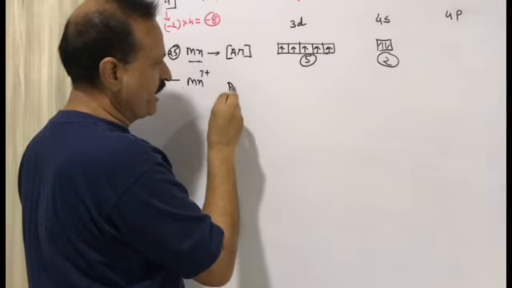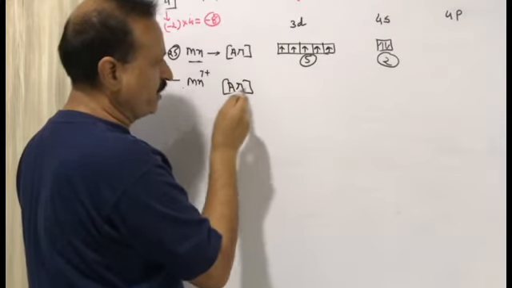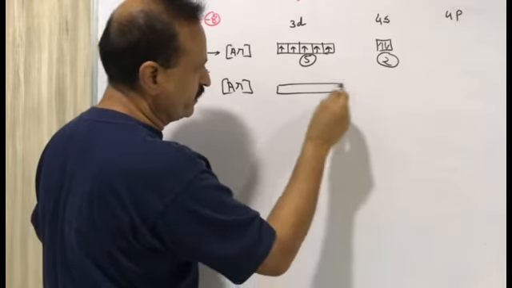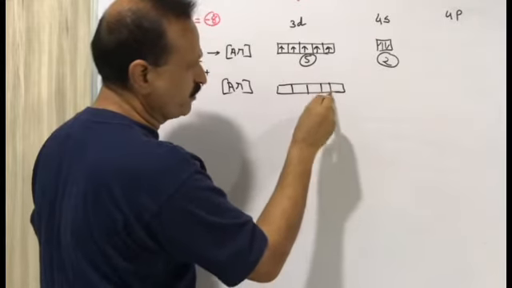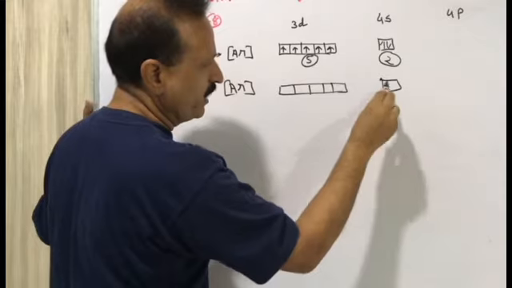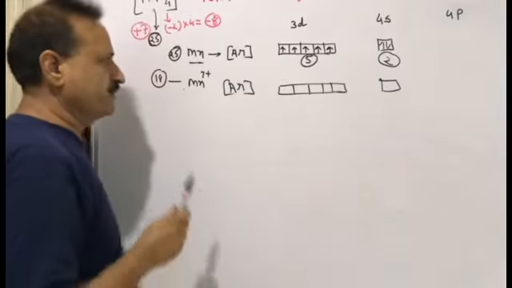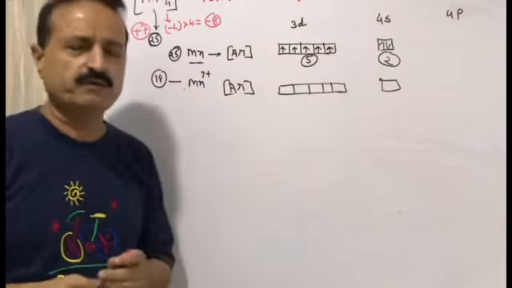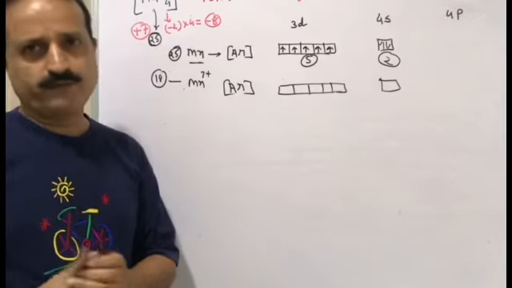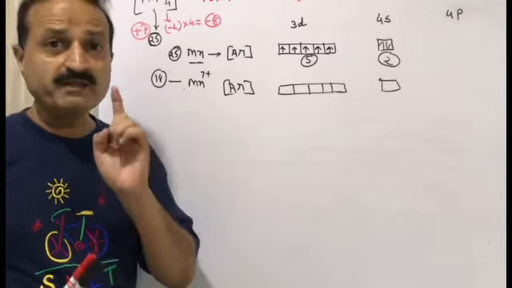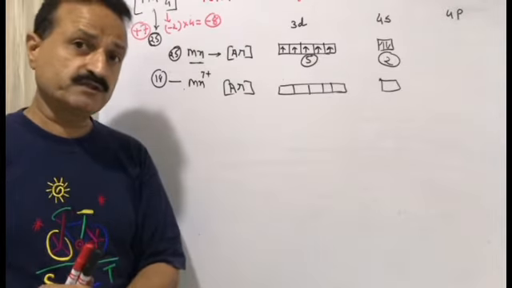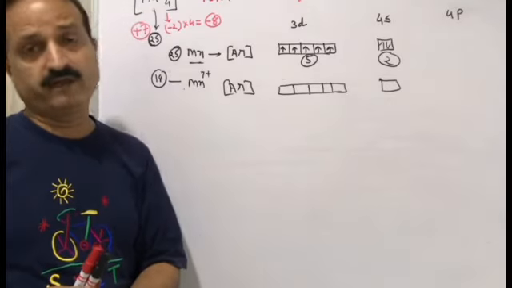So we have argon's 18 electrons only. This is the electronic configuration of Mn7, when manganese has oxidation state 7.